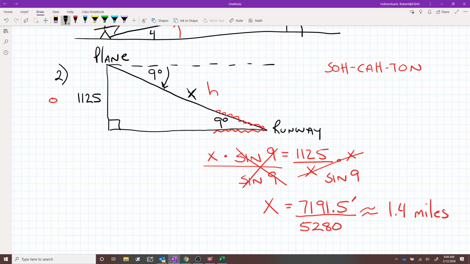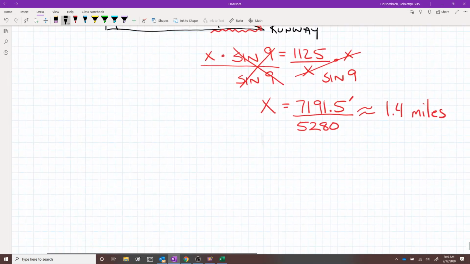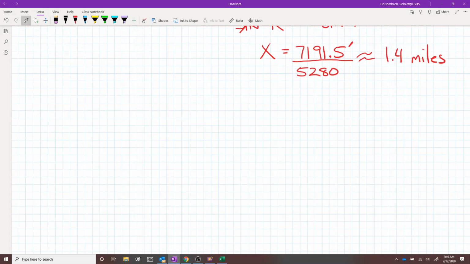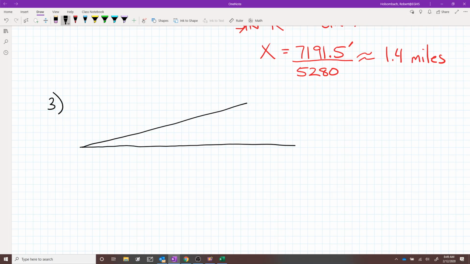Number 3 says that a highway makes an angle of 6 degrees with the horizontal. So looking at a side view, we've got a 6 degree angle with the horizontal. This horizontal line is the ground.